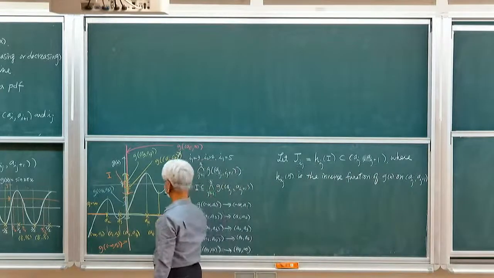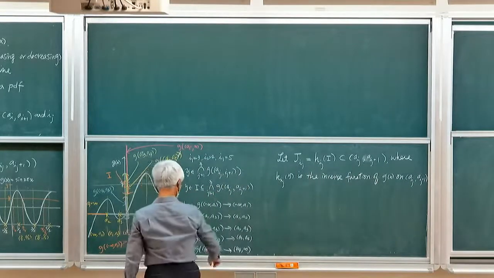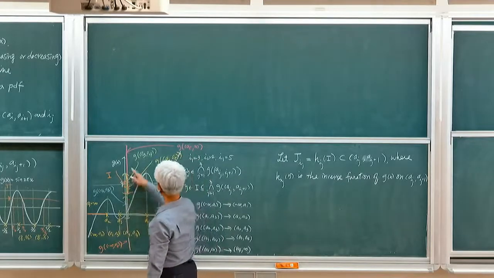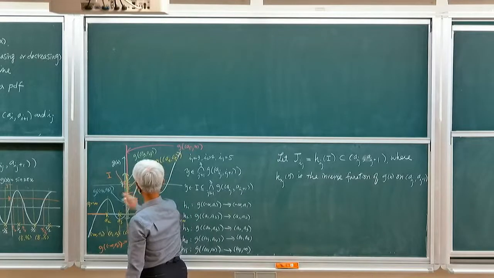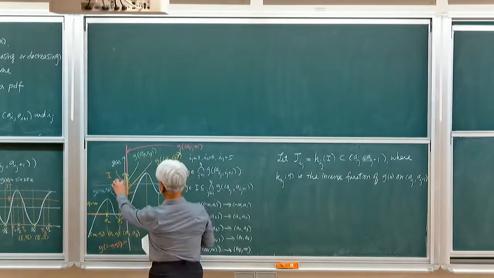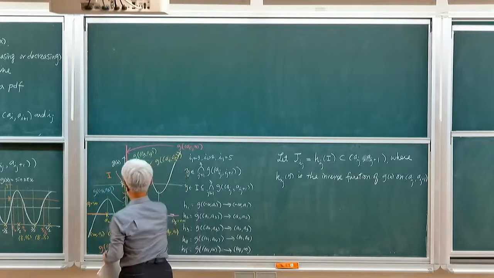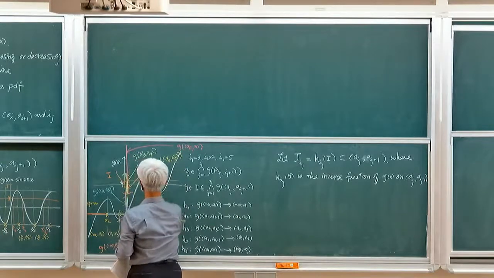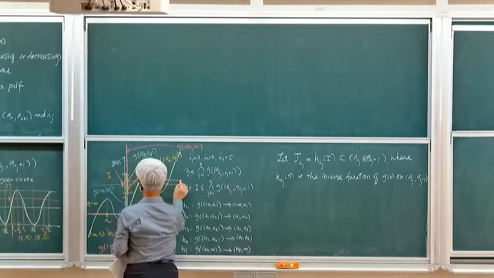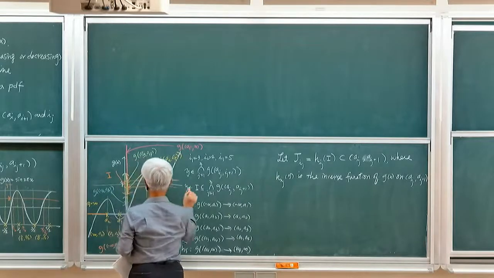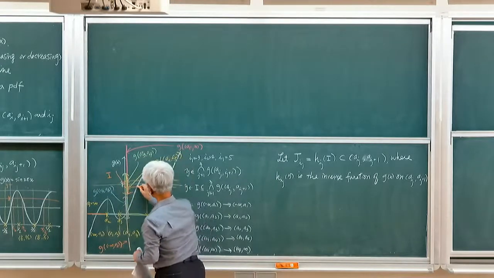Okay, so we go back to here. The range, for the third one, for the green one, we will go to here, and then up.